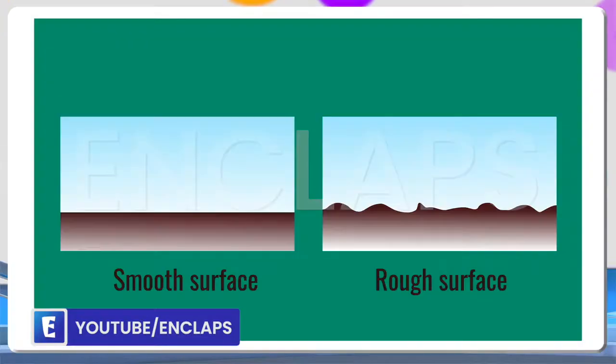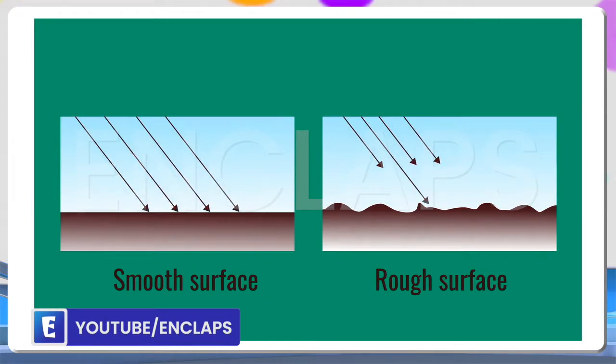We have seen that the light would hit the surface and reflect back. But does the reflection occur in the same way on all the surfaces? Let's see. Here, we can see two types of surfaces. First one is a smooth surface and the second one is a rough surface. A beam of light is incident on both of them.